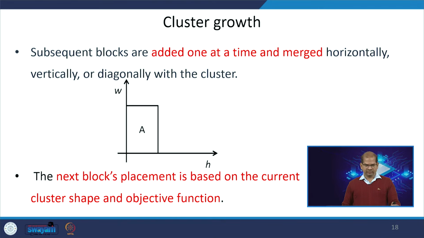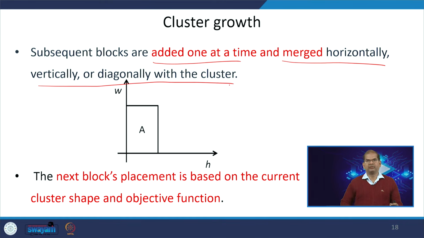Then we need to subsequently add one block at a time and find the area in such a way that the overall bounding box of my floor plan will be as small as possible. We add one block at a time, and it is merged horizontally, vertically or diagonally with the cluster.